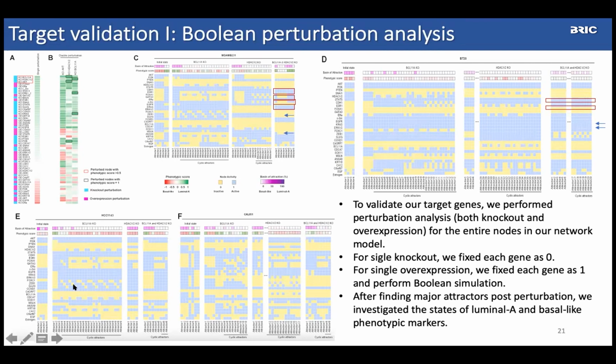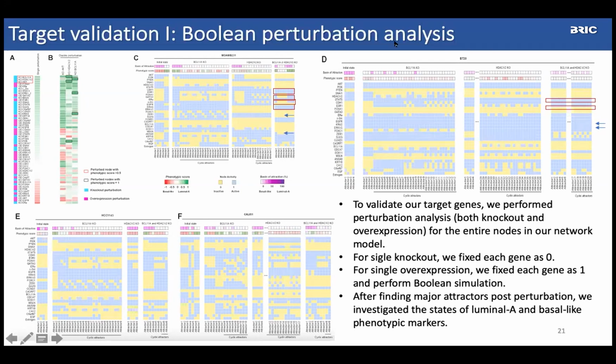These are attractor states, and all of them from here are considered basal-like phenotypic states, whereas after inhibiting BCL11A or HDAC1 and 2, it makes a slight transition. About 30 to 50% of the states are luminal, whereas the rest are still basal. And after inhibiting both BCL11A and HDAC1 and 2, it can induce the basal to luminal transition for 100%.